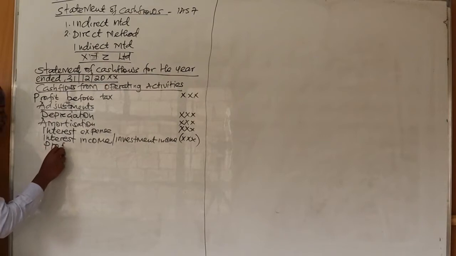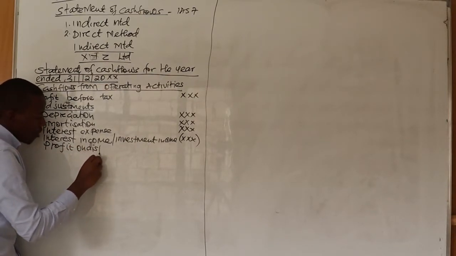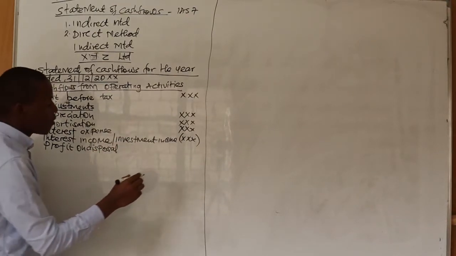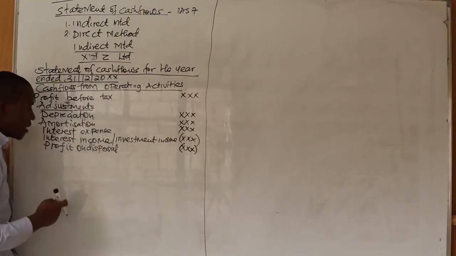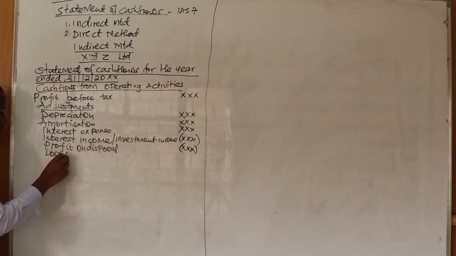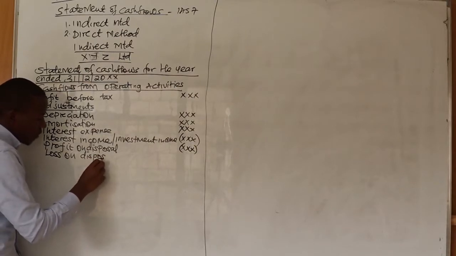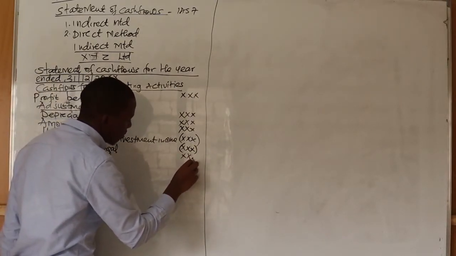We also have the profit on disposal of the assets. Profit on disposal is an income. So in that case, you'll also be able to less. And then there is also loss on disposal. For the loss on disposal, in that case also, you will be able to add on the same.